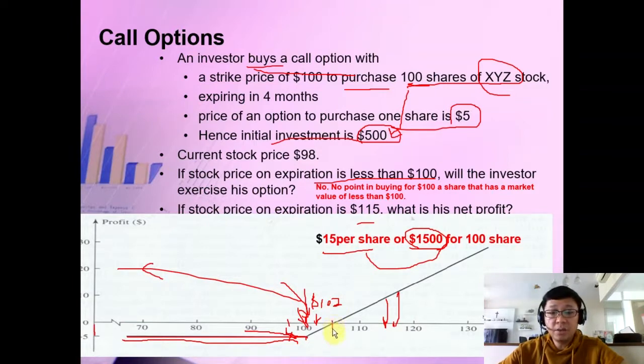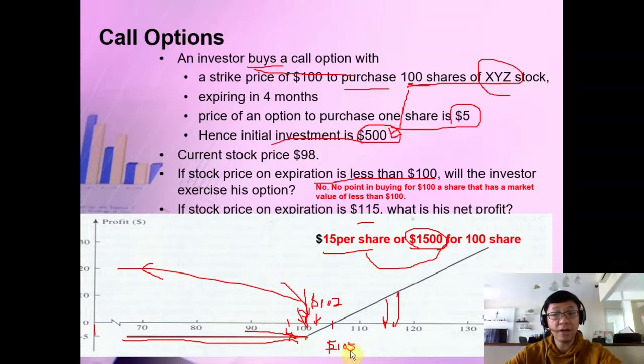In order to break even, because you spend $5 per share, for every share the share price must rise above $5, so that will be 105.